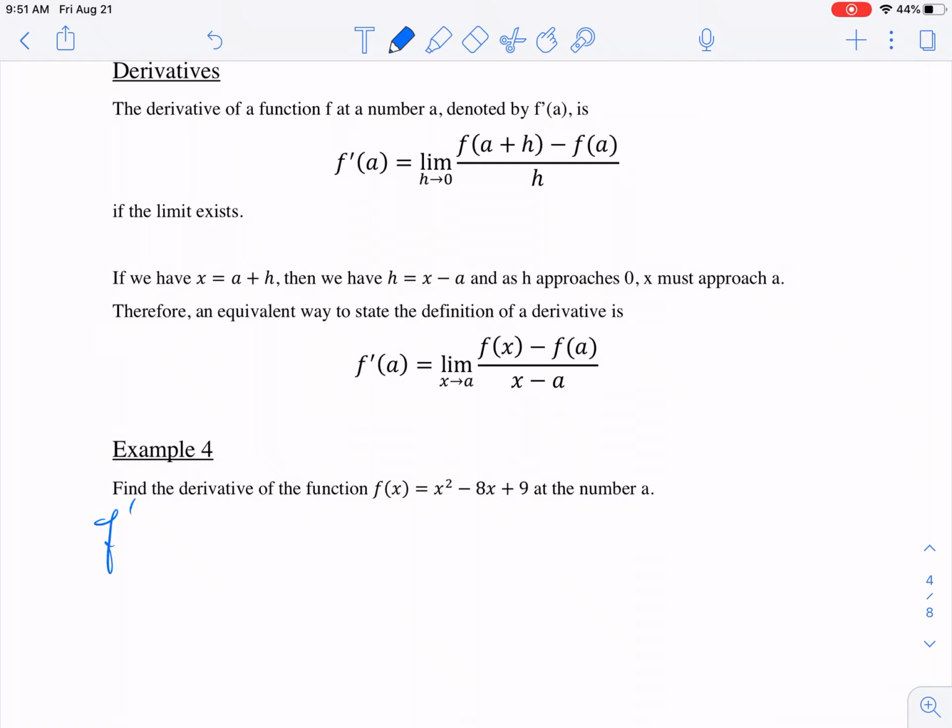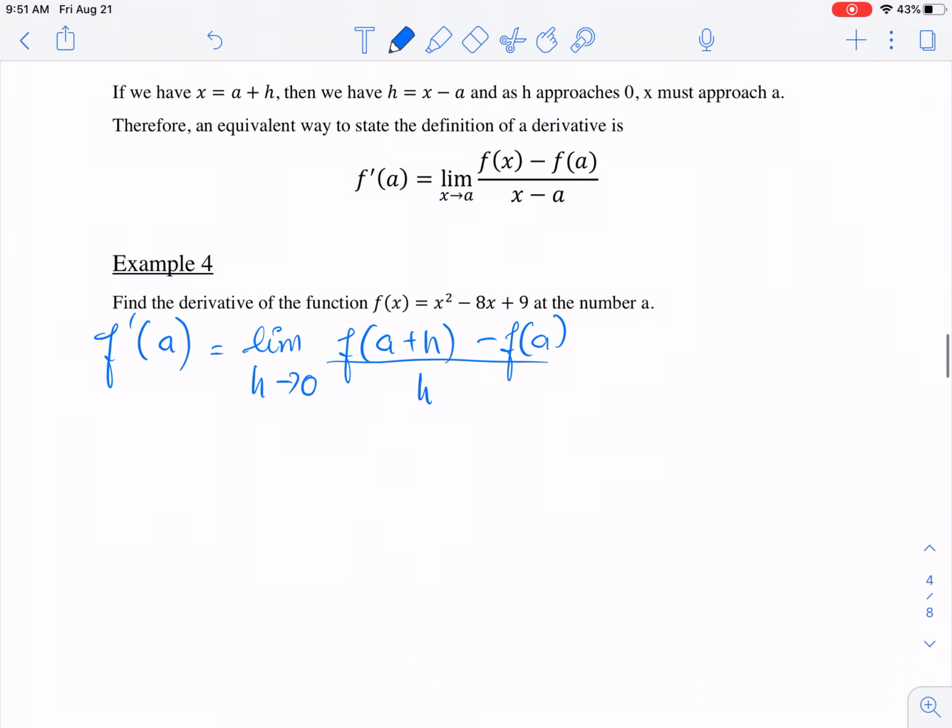So f prime of a is the limit as h goes to 0 of f of a plus h minus f of a over h. This expression is better than the other one. From time to time, you will see that we use this expression more often than the other.